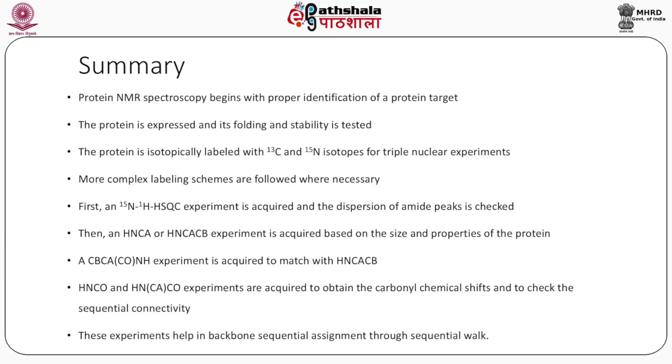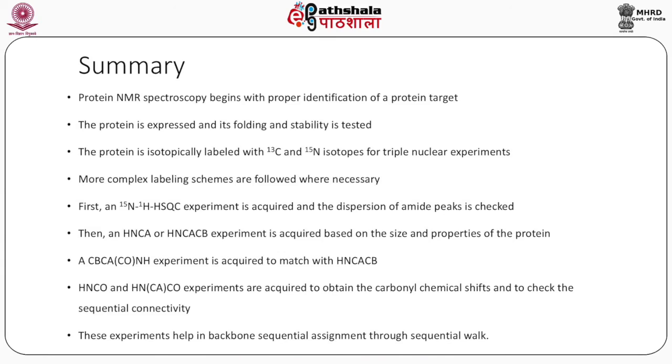First, an N15 HSQC experiment is acquired and the dispersion of amide peaks is checked. Then, an HNCA or HNCA-CB experiment is acquired based on the size and properties of the protein.